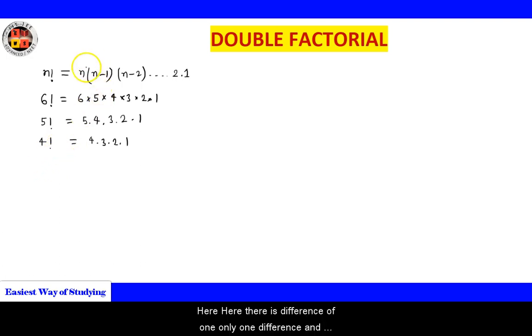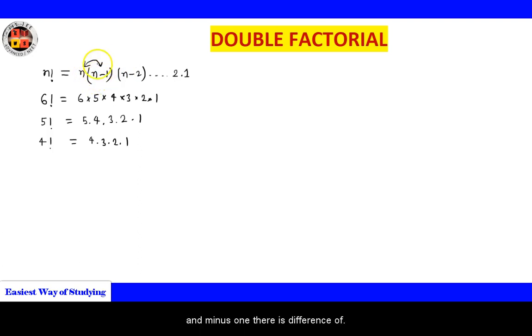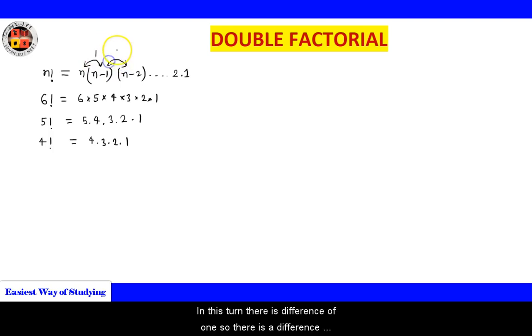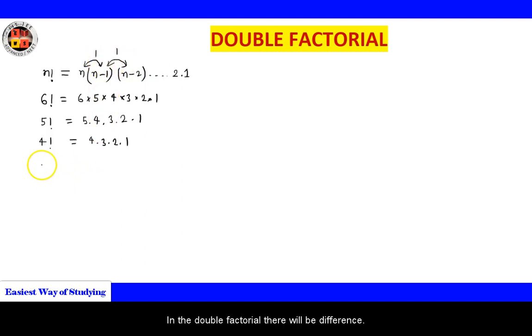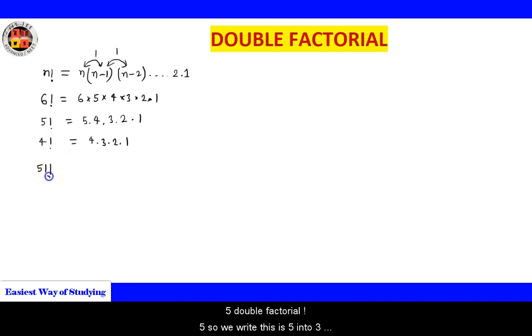Here in the single factorial there is a difference of 1 between n and n minus 1, just a constant difference of 1. In the double factorial, there will be a difference of 2. Suppose 5 double factorial, we write this as 5 into 3 into 1.